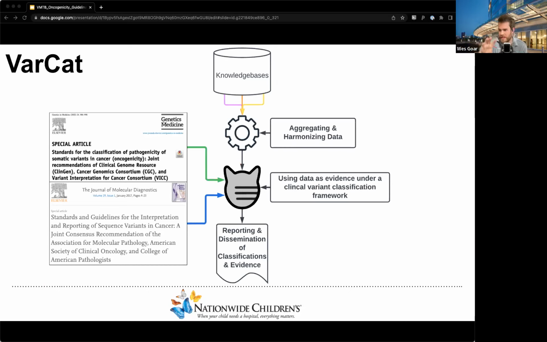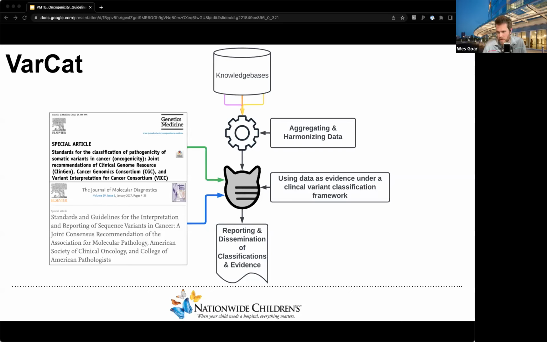So this is all going to feed into where we're headed here, but one of the purposes of VarCat is really to severely reduce the manual searching and collation of variation data to help our clinical team spend less time with repetitive tasks by providing them with an interface that presents as much information as possible about a variant to them so they can focus more time analyzing the collected data and what it means for our cancer patients.